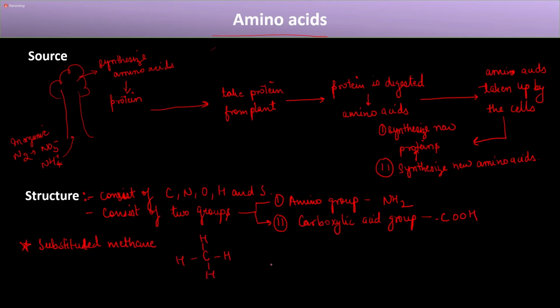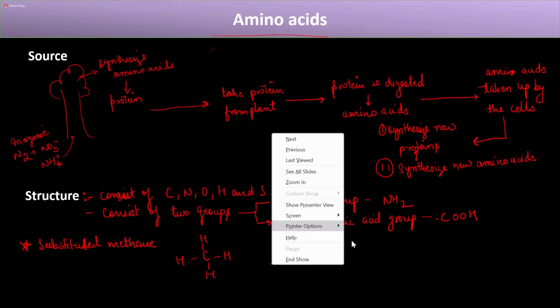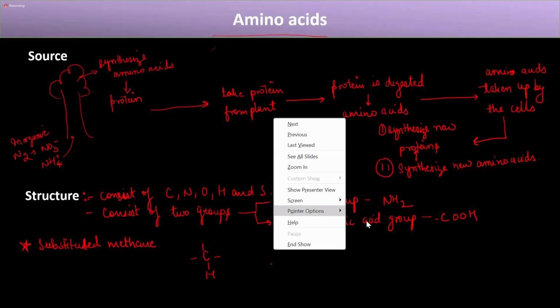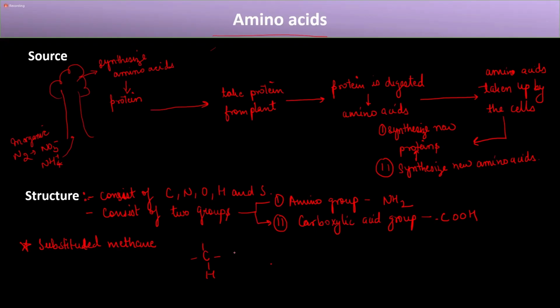Now in this structure, if you erase 3 hydrogens, and in the place of these hydrogens, you attach one R, one functional group, a carboxylic group, and an amino group, this is known as an amino acid. This is the basic structure of an amino acid.